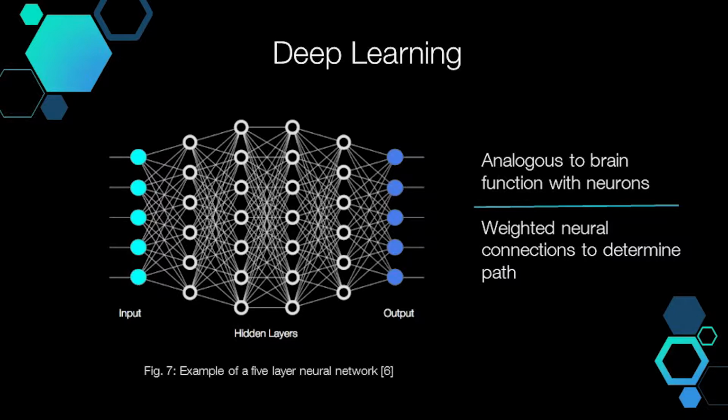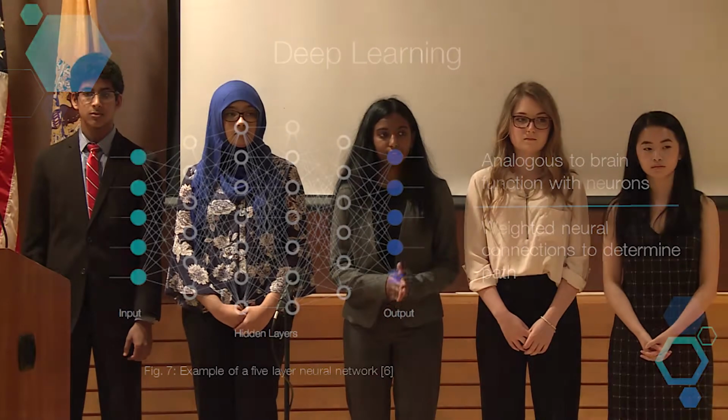The connection made between the input and output is known as the hidden layers. And this connection is determined based off of the weights of those connections between each of the neurons. So for example, one of the connections between the neurons could be weighted 0.9, while another could be weighted 0.1. So the most probable path that the neurons would take would be the one weighted 0.9.